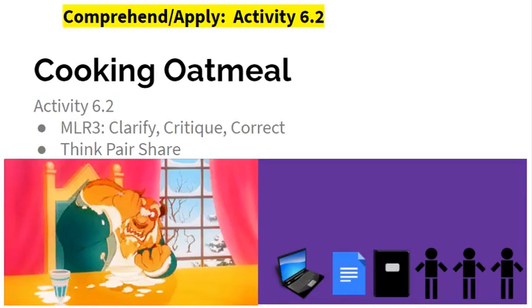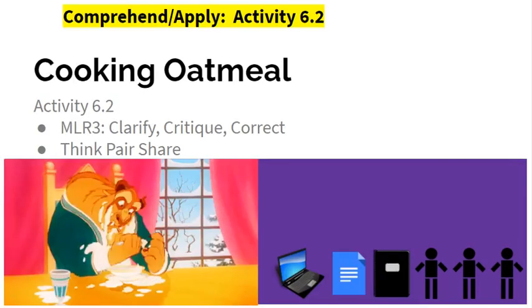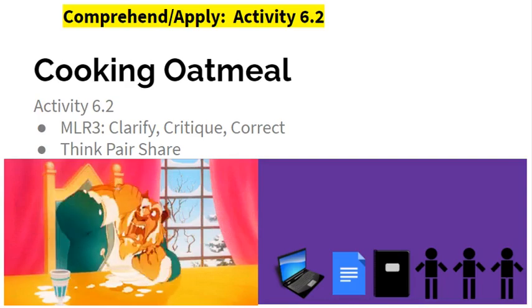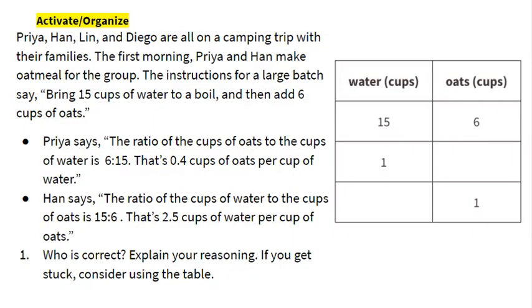And so we're going to explore that a little bit more here with looking at some ratio stuff with some cooking of oatmeal. So Priya, Han, Lynn, and Diego are all on a camping trip with their families. First morning, Priya and Han make oatmeal for the group. The instructions for a large batch say bring 15 cups of water to a boil and then add 6 cups of oats.